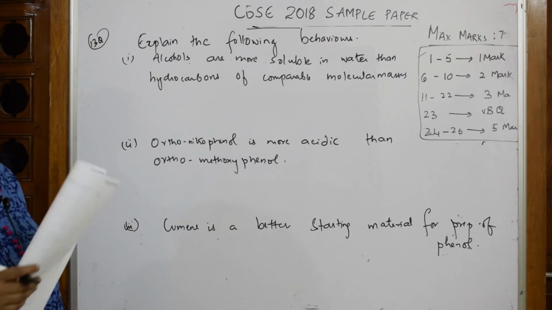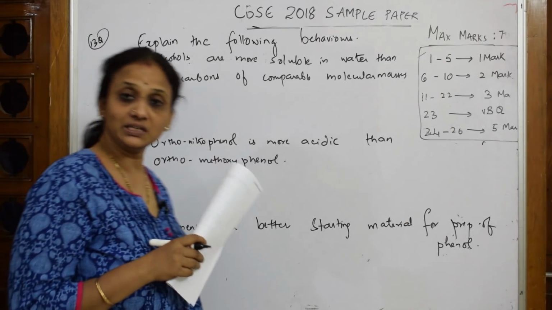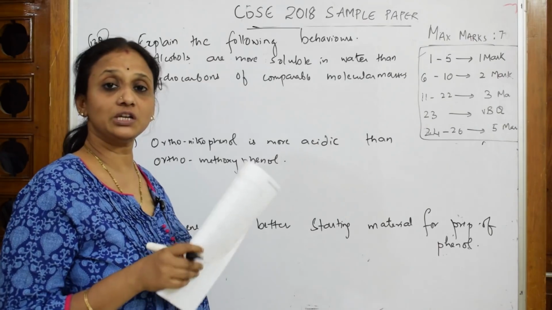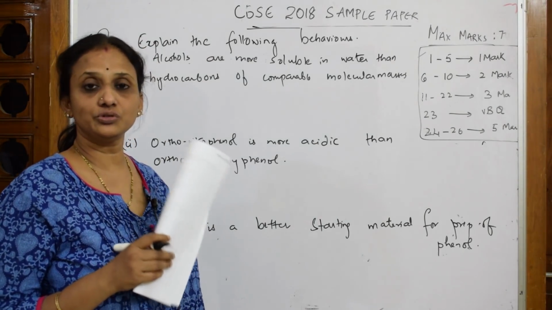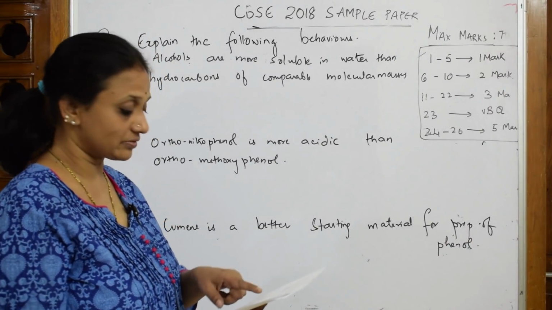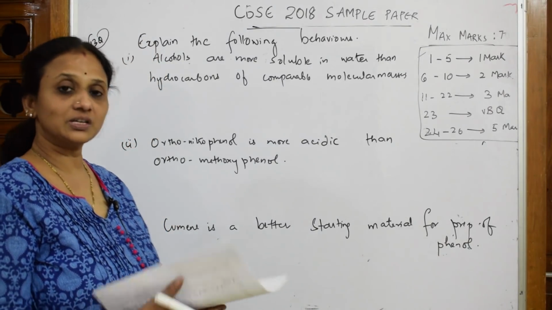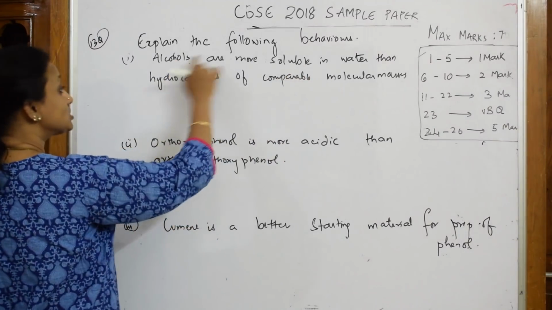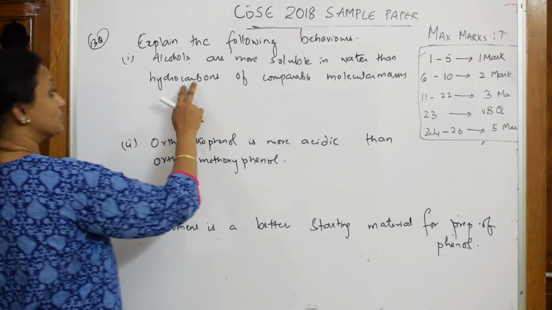Whenever you find the word solubility, or the word boiling point, the keyword you should use is hydrogen bonding. So here, where is the hydrogen bonding? When you see the question, they've given you that alcohols are soluble in water, unlike hydrocarbons.